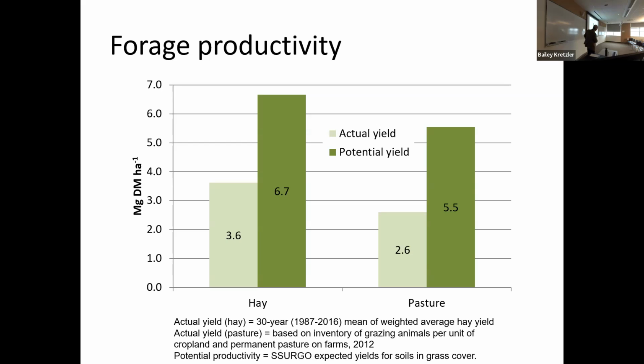Even for the hay crops, even though these potential yield data are rather dated, there's a 3 megagram per hectare gap. Not quite 50%. It's a big yield gap, and it's larger for our estimate of grazing yields, which is 2.6 megagrams per hectare compared to an estimate of about 5.5. It's not even greater than 50%.